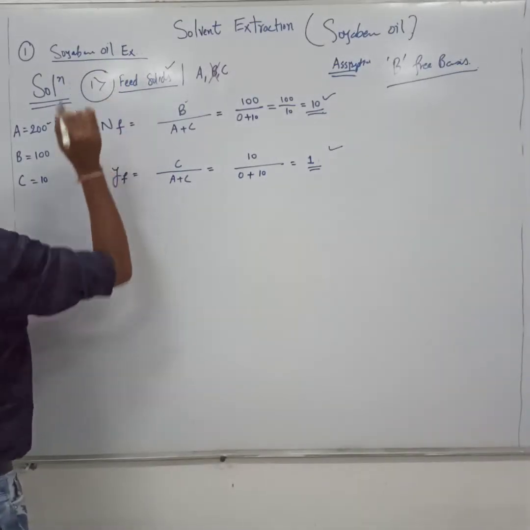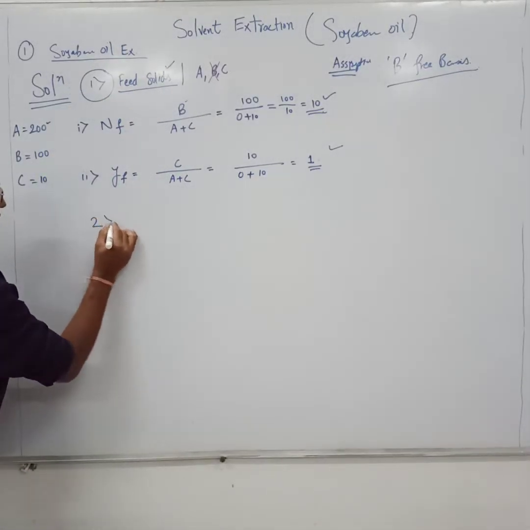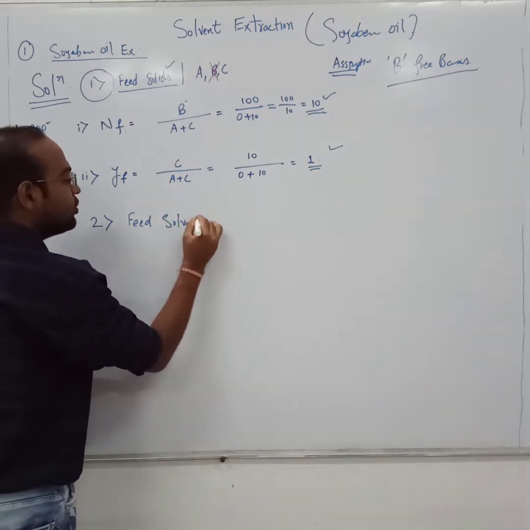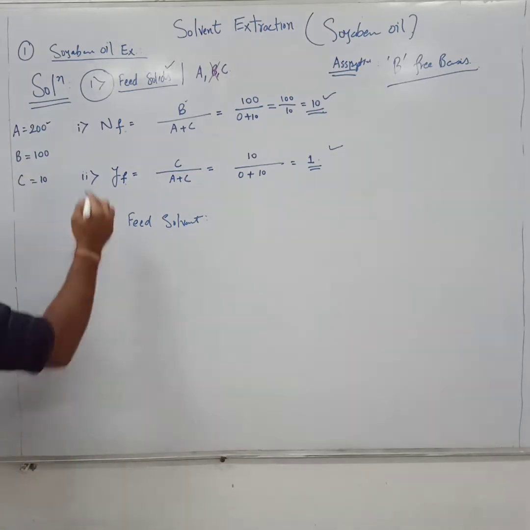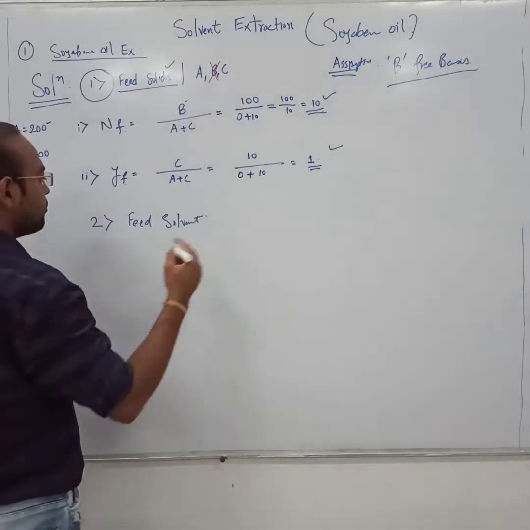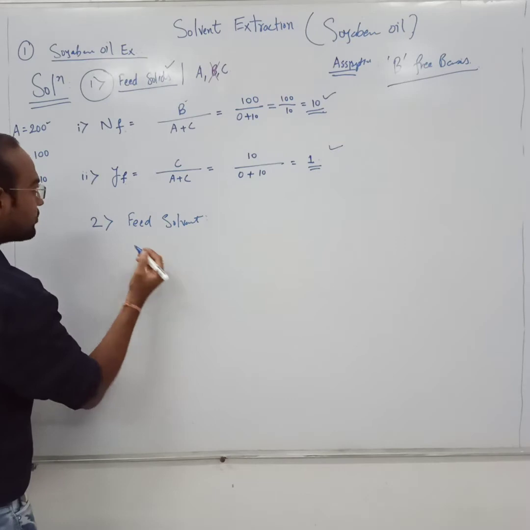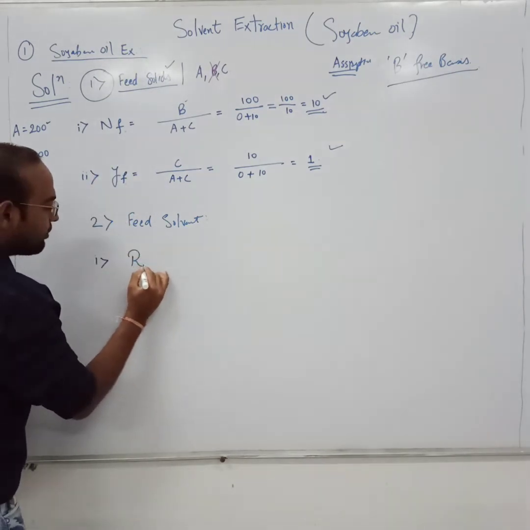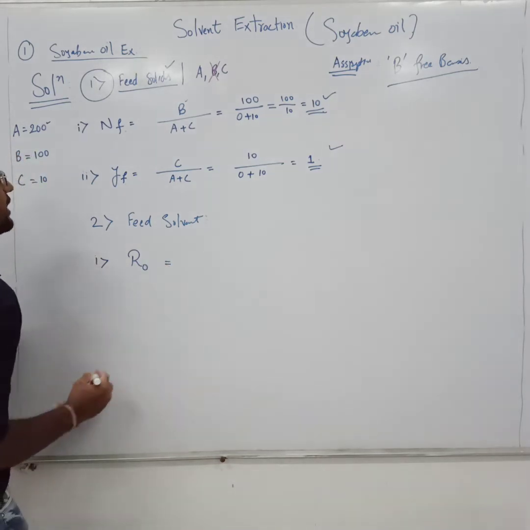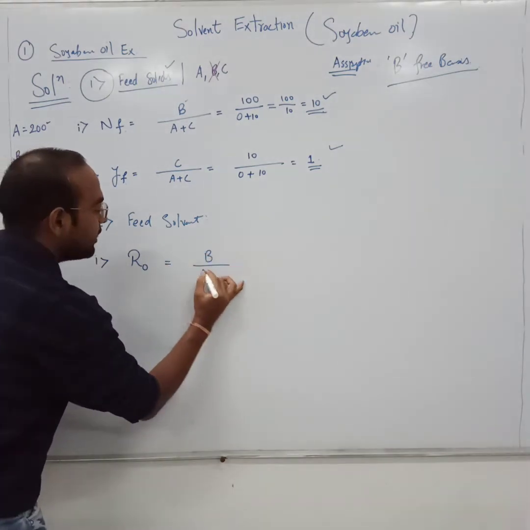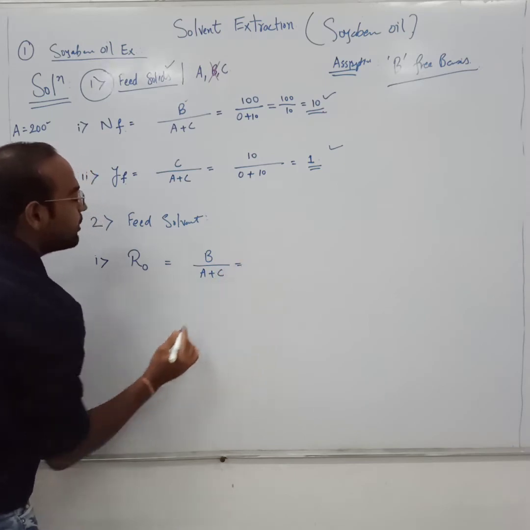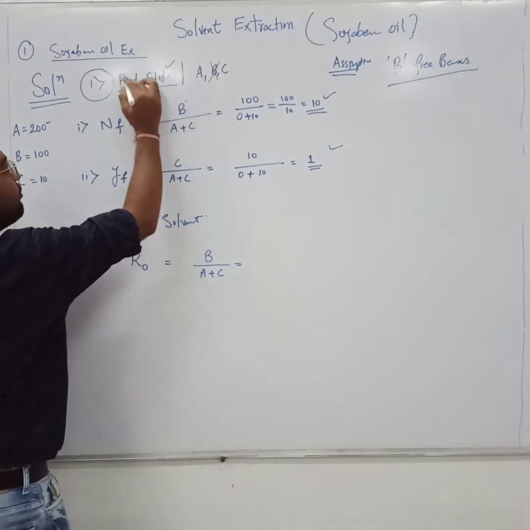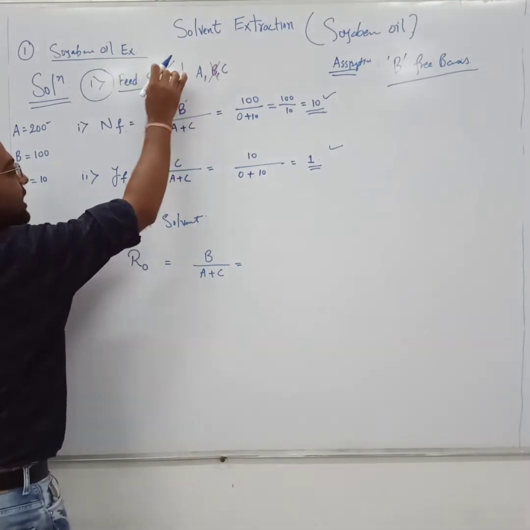Now we will move towards the second thing, that is feed solvent. As our numerical is carried out in 4 stages, the first stage, feed solid, is completed. We are moving towards feed solvent now. Again a similar thing, we are calculating the fraction denoted by RO, the fraction of insoluble material present in your mixture of solvent. Now about feed solid, solid means soybean seeds, everything is calculated.